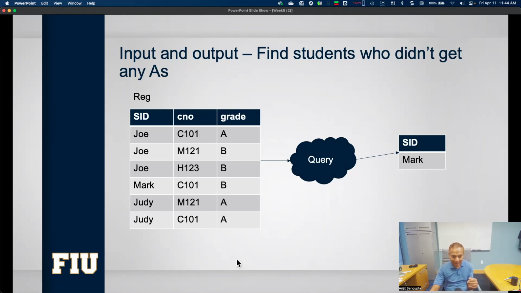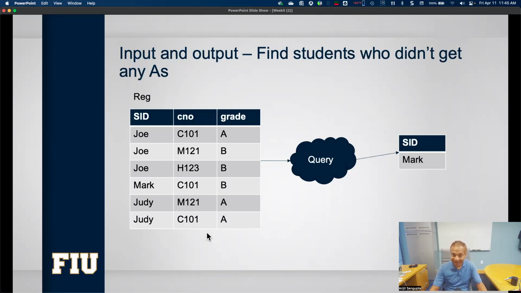So we are adding a new row to this table. We're not changing any of Mark's grades. We're adding a new row with some other course, and this time Mark got an A. Now you run this query again, Mark will disappear, which means we just shrunk the output by adding a row to the input.